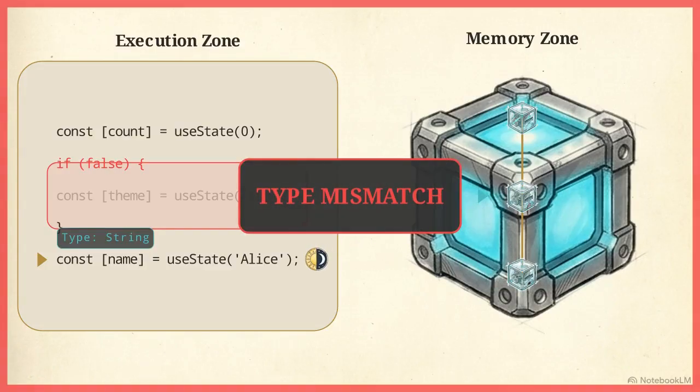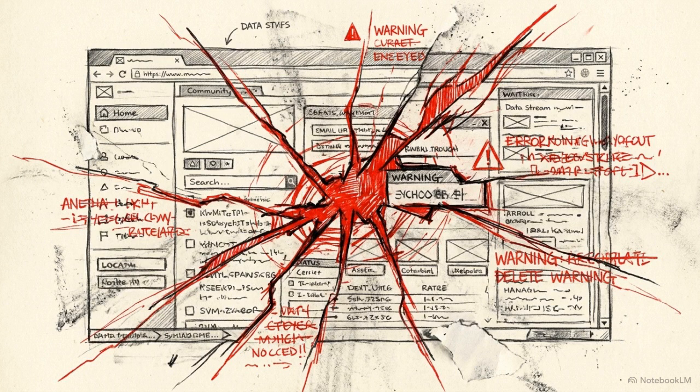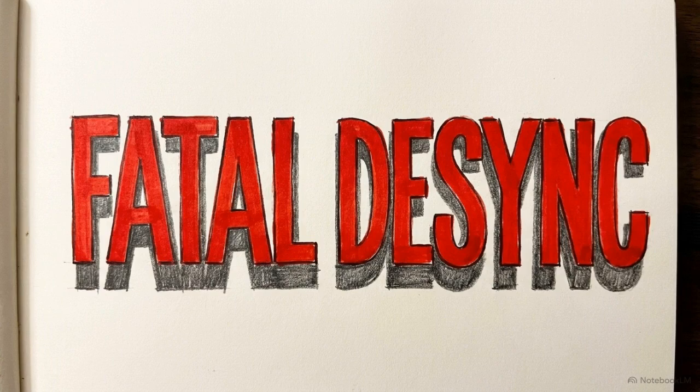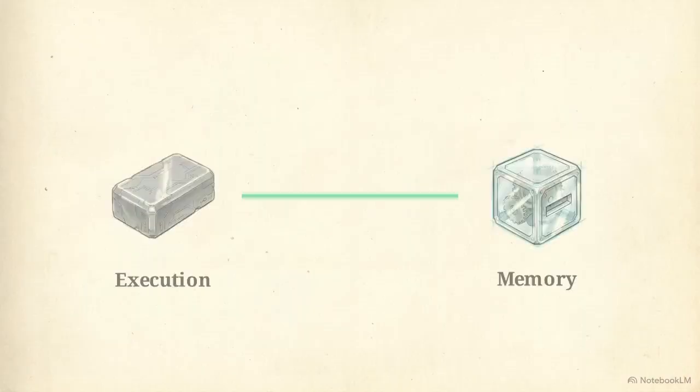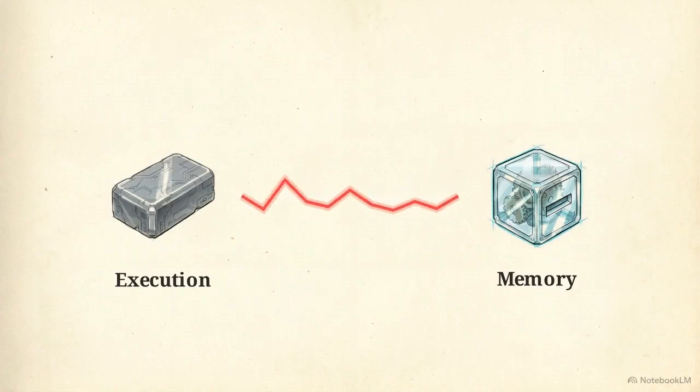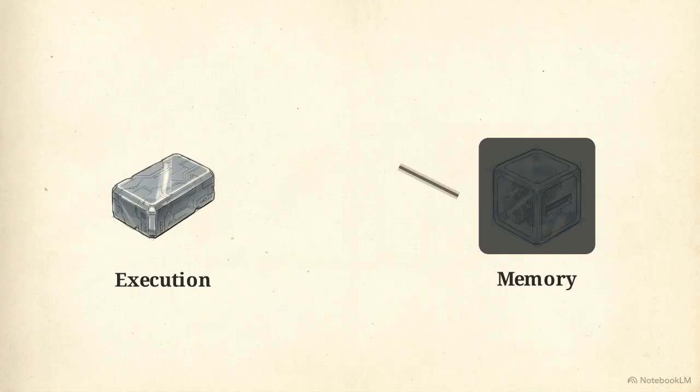The component expects one hook type, but receives mismatched data from node 2. This results in data corruption across the execution thread, causing the application to crash. This pointer desynchronization is the engineering reason behind the rules of hooks. Conditional hooks break the execution sequence, decoupling the code from the memory list and destroying the application state.